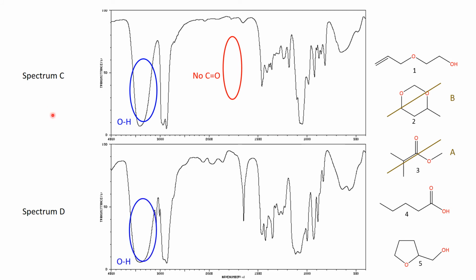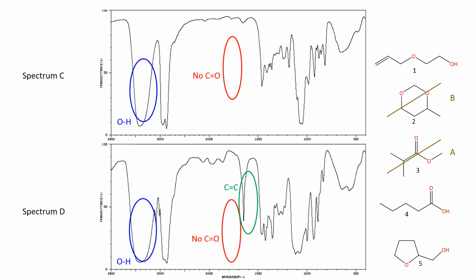But let's confirm that by going ahead and looking at spectrum D. Spectrum D has the OH in there. Of course, all 3 remaining ones here have got OHs: 5, 4, and 1. Okay, so there's the OH we'd expect. There's no C double bond O, but spectrum D does have this nice sharp peak right here in that carbon-carbon double bonded region.